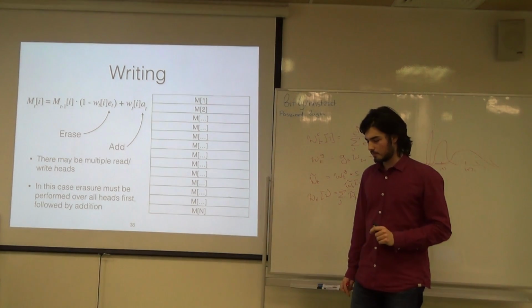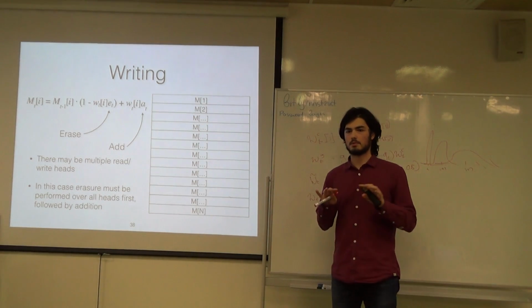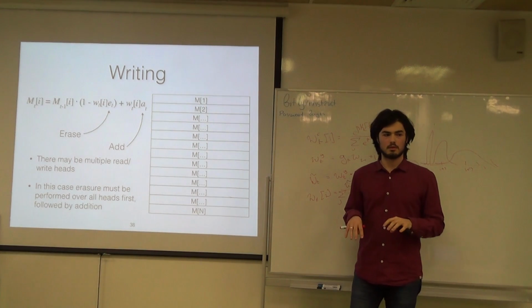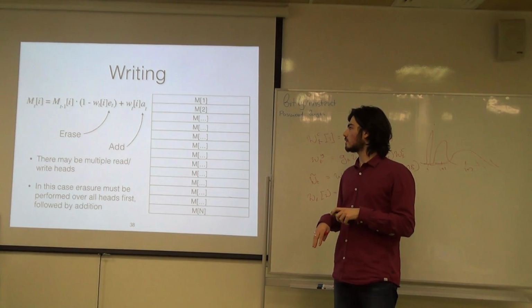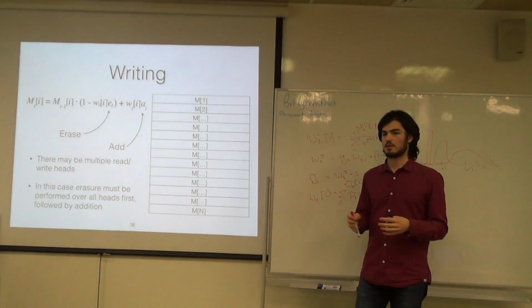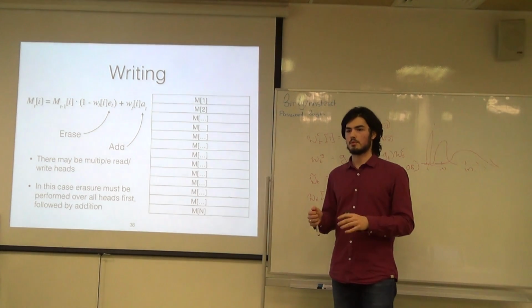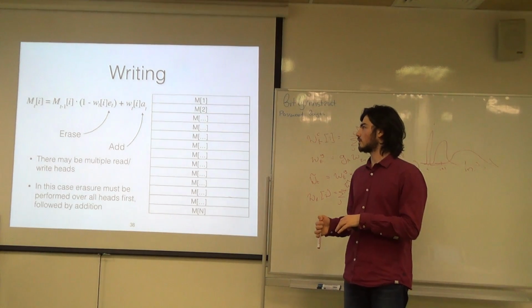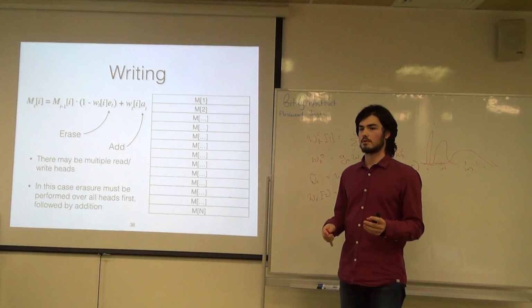So here's a little problem. If you have multiple write heads, then running this formula asynchronously will lead you to some arbitrary result. So it is not serializable, which means we would like it to be commutative.